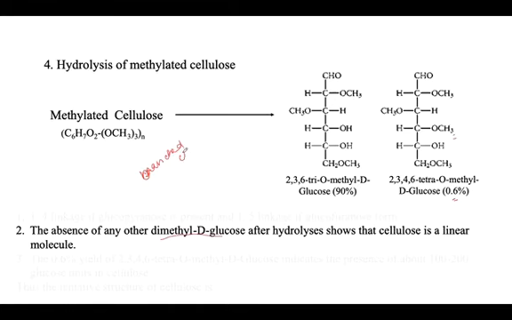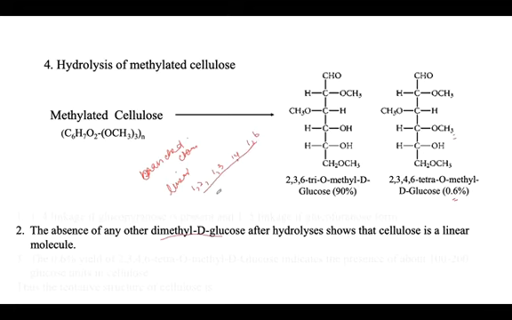So from here, we confirm that the molecule is linear because, as I already said in my previous video lecture, if it has 1,2, 1,3, 1,4 and 1,6 types of linkages, in that case we say that they are linear molecules.